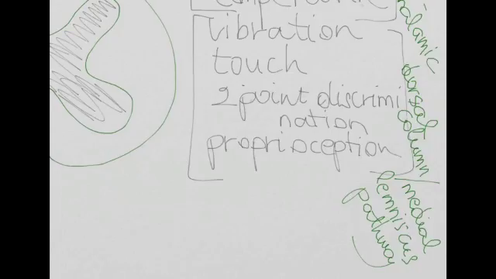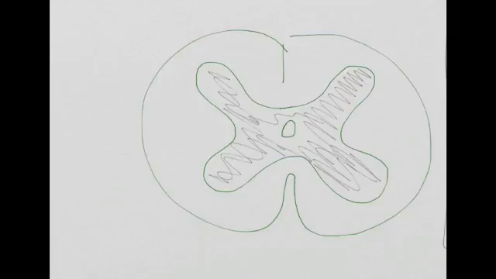Let's look at what happens with the incoming information and how it is carried up towards the brain. When a noxious stimulation, pain or temperature, high heat or very low cold, is carried to the spinal cord, it's carried typically through a sensory nerve, and that sensory nerve will arrive to the dorsal horn, and it will synapse in the gray matter of the dorsal horn to a second order neuron.